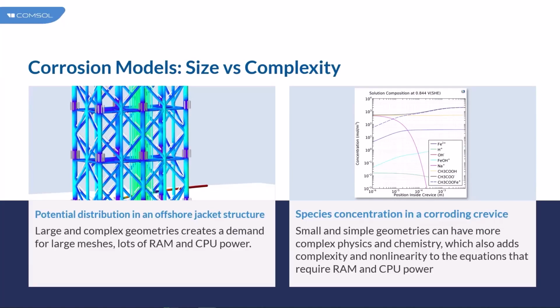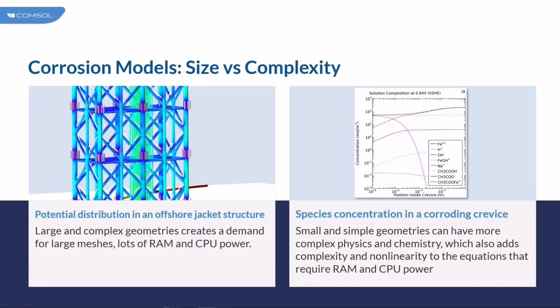So there are two major factors that drive the computation time and the memory consumption in a model like this, and that's the size of the model, like the physical size, and the complexity. So that's the number of species and the nonlinearities you have in your boundary conditions.